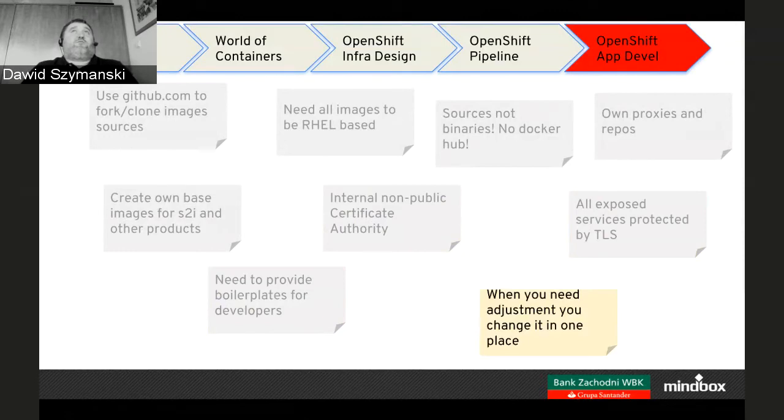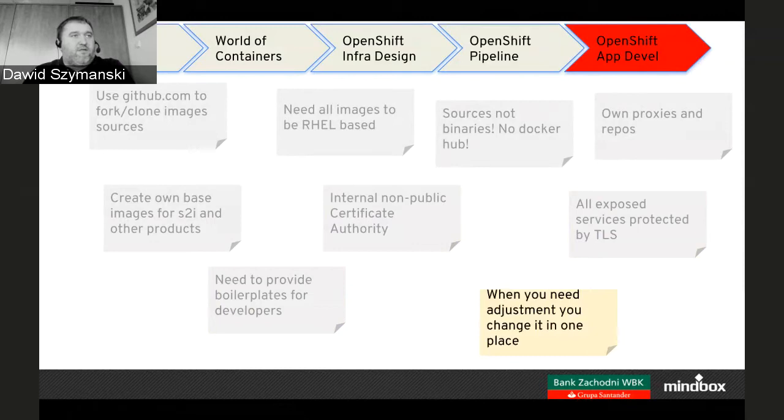So for me, it was one of the hardest things to consider and to decide: how to build applications based on Docker on OpenShift, how to create the base images, and how to handle all of these differences between a financial institution, a bank, and a typical company.